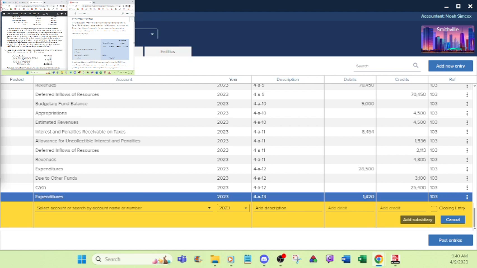This sucks. This sucks. We never even did an entry for supplies earlier.